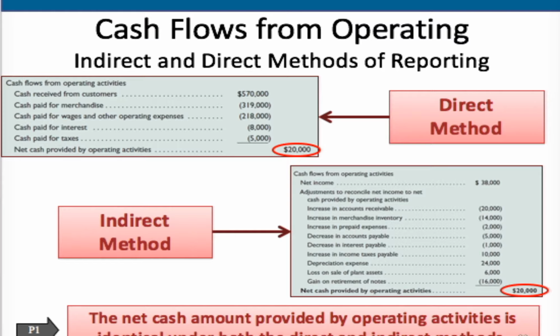The net cash amount provided by operating activities is identical, or should be, under both indirect and direct methods. This equality should always exist. The difference in these methods is with computation and presentation of the amount, and not with the actual amount in question.